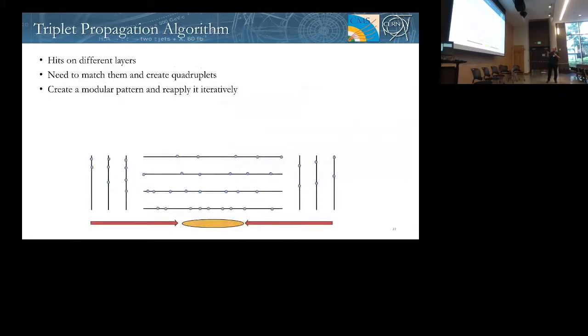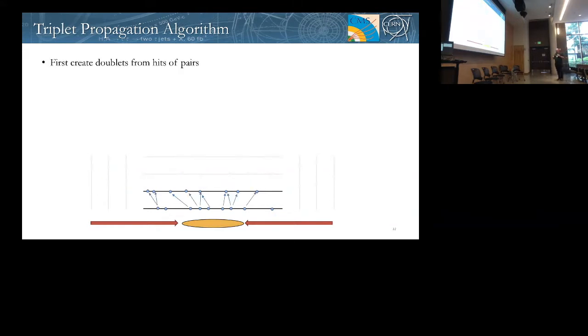So we wanted, actually we did, to extend the previous algorithm. The previous algorithm consisted in creating doublets, which are compatible with the beamspot, with the region hypothesis. Then propagate the doublet to the third layer. You find some hits, you connect them, and you have a triplet.